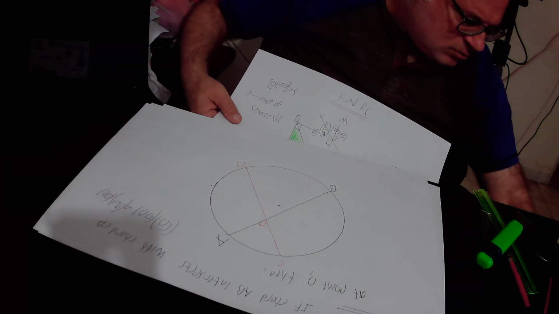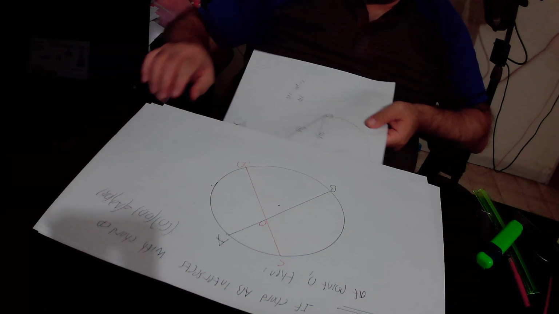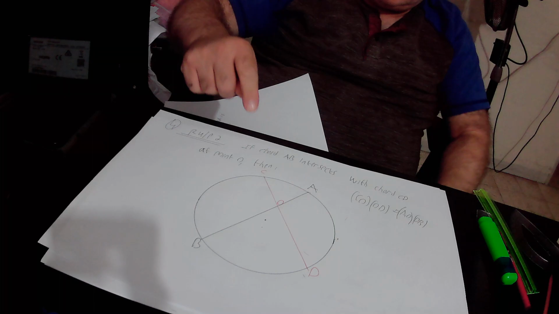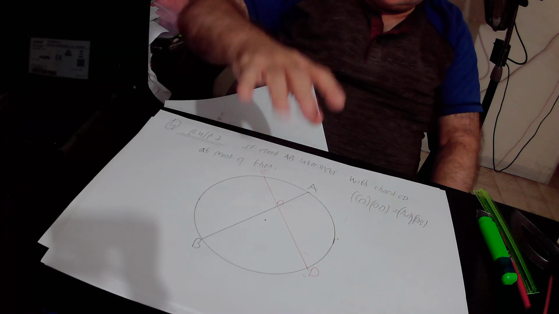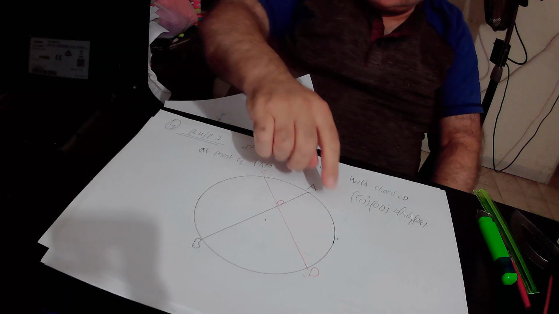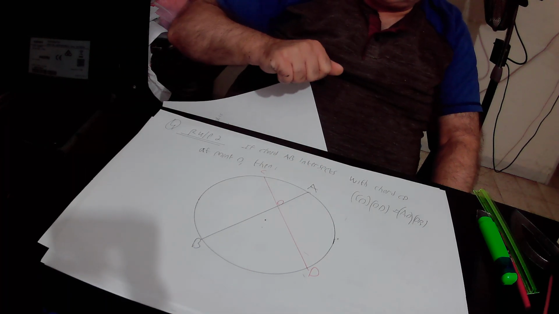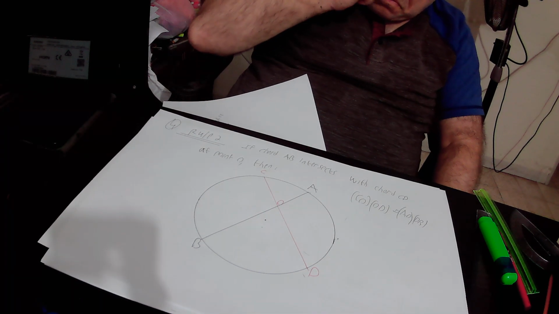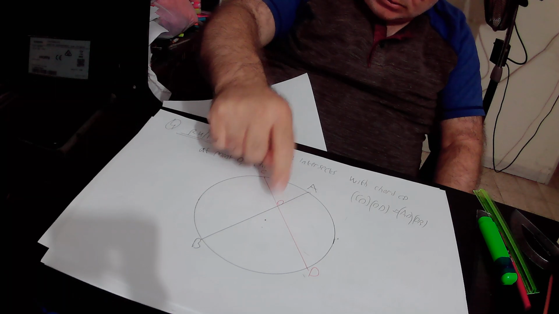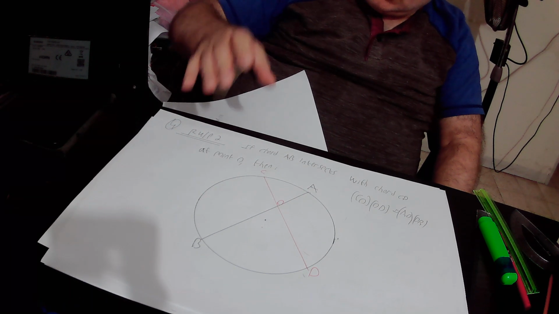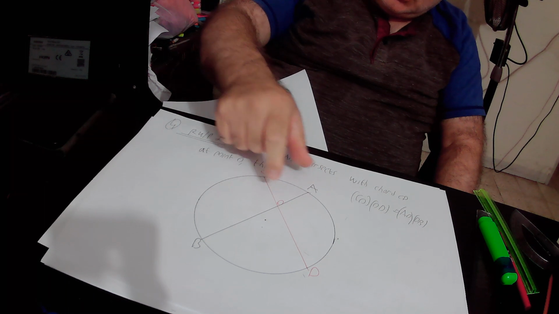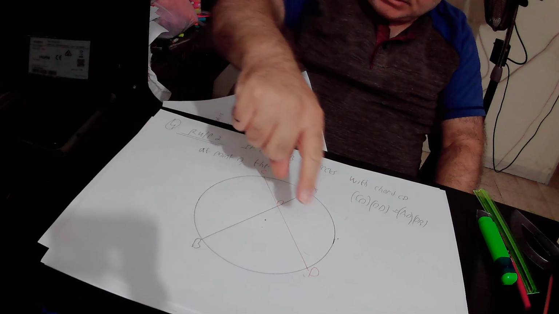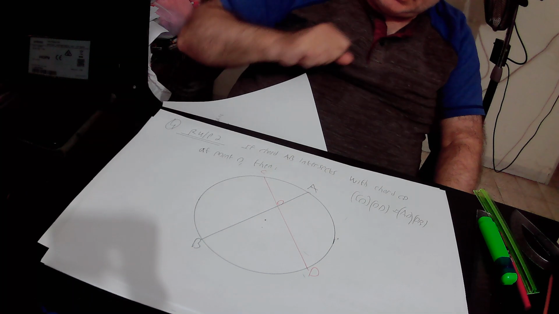According to rule number 2, if chord AB, this rule is true in any circle, so this circle could be any circle, if chord AB intersects with chord CD at point O, point O is the intersection point between the two chords, then according to this new rule, AO times OB equals CO times OD, or CO times OD equals AO times OB. Okay?